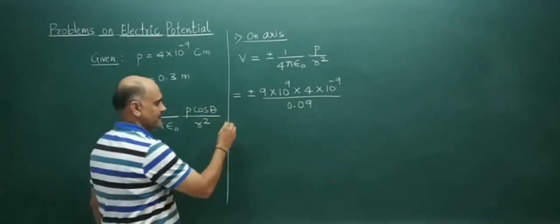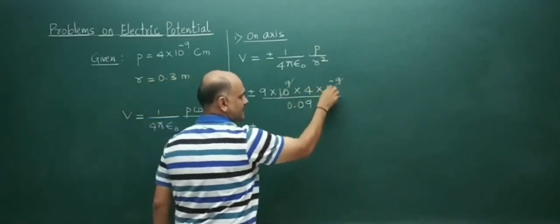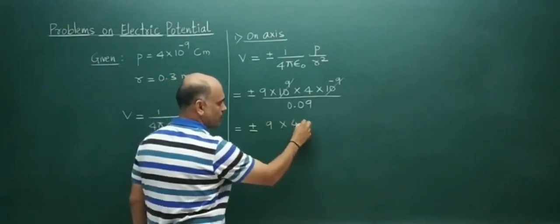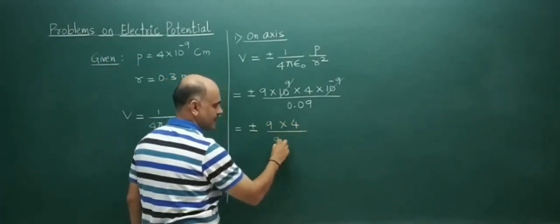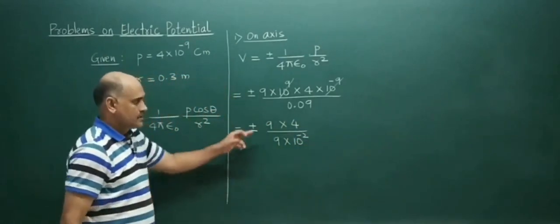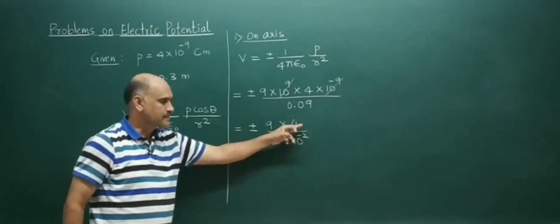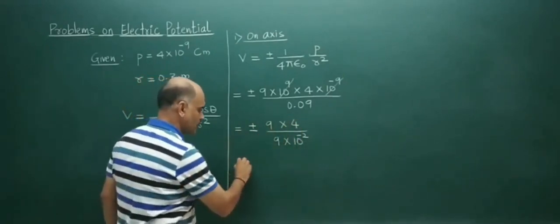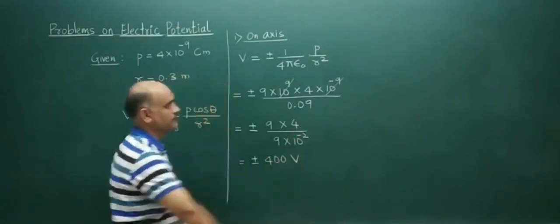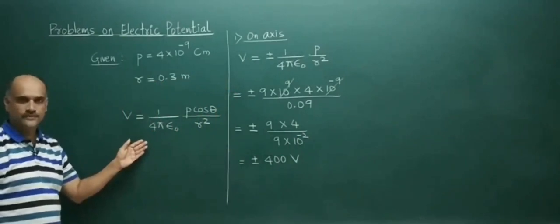So if I simplify this, plus or minus 10 raised to plus 9 minus 9 gets cancelled. So 9 into 4 divided by 9 into 10 raised to minus 2. So 9 gets cancelled. If you take it to the numerator, it becomes plus 2. If I multiply by 4, I will have 400 volt. So plus or minus 400 volt.